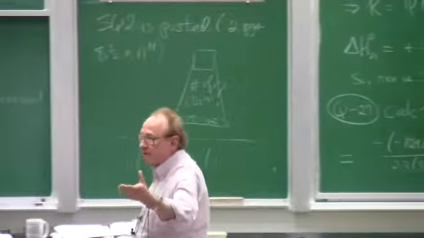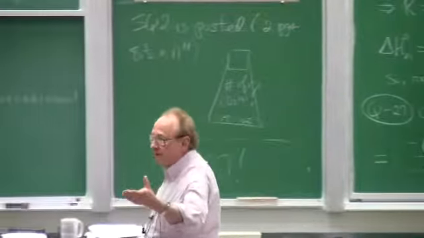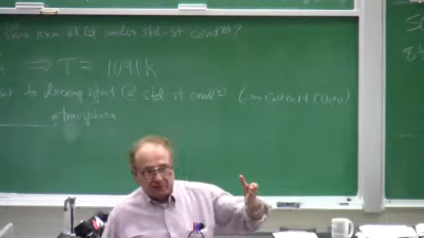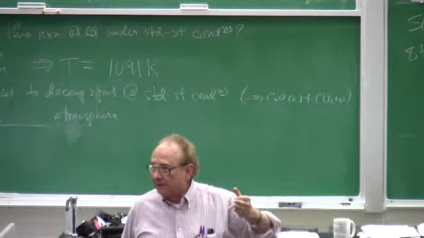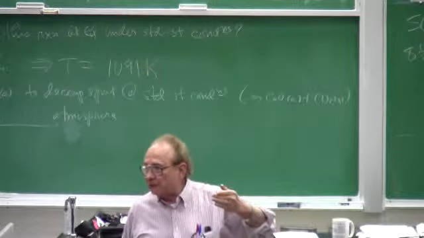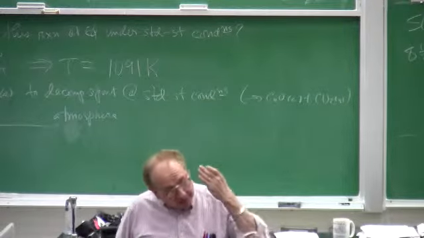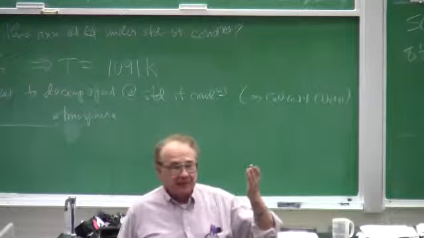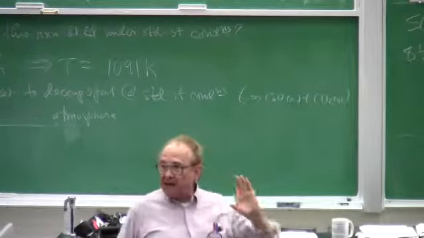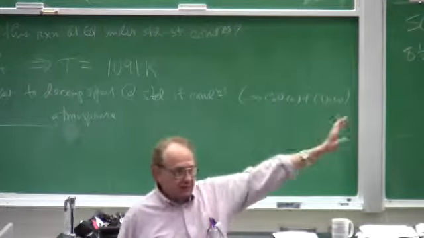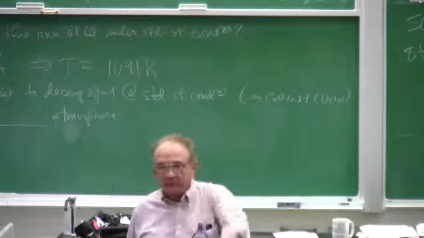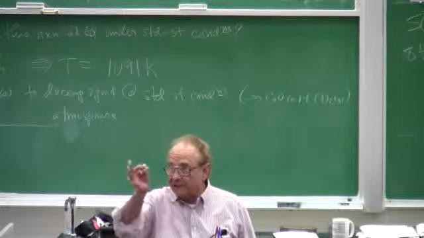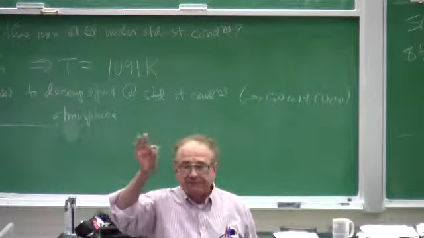As long as this room is not sealed, the carbon dioxide produced by this transformation, at a partial pressure greater than 1 atmosphere because we're going to heat this above 1091 K, will continue to push back the atmosphere, which is at a pressure more or less of 1 atmosphere. So the transformation will continue to take place.